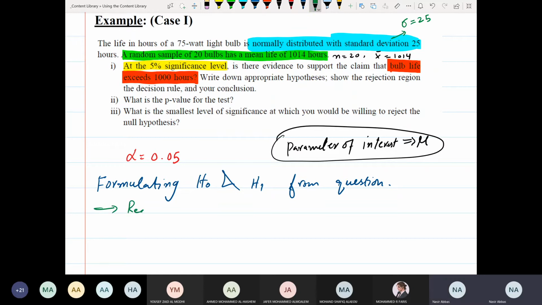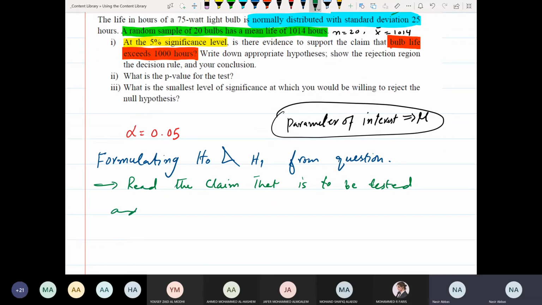Number one, read the statement that is to be tested and write it in terms of notation. So if I want to write this red thing in notation, what can I write? Raise your hand if you can tell me. What is the notation for this red statement?